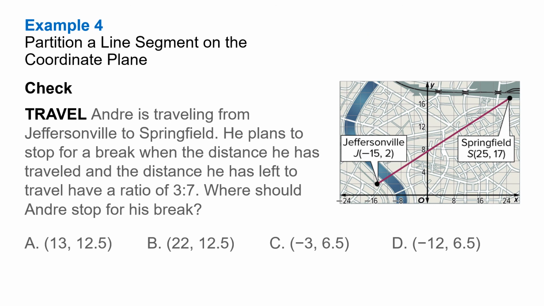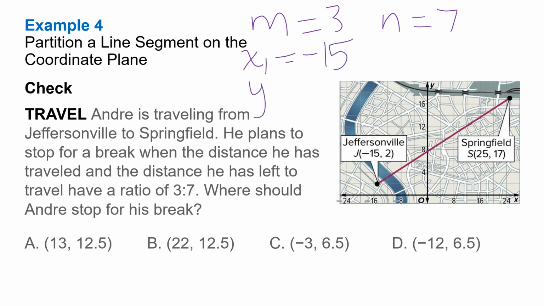So in this example, it is a part-to-part with M being 3 and N being 7. X1 is negative 15. Y1 is 2.